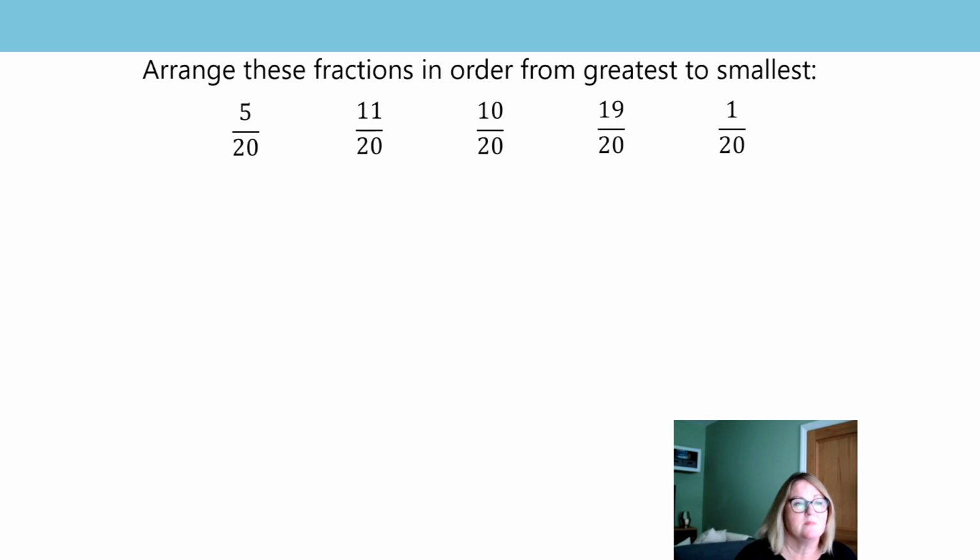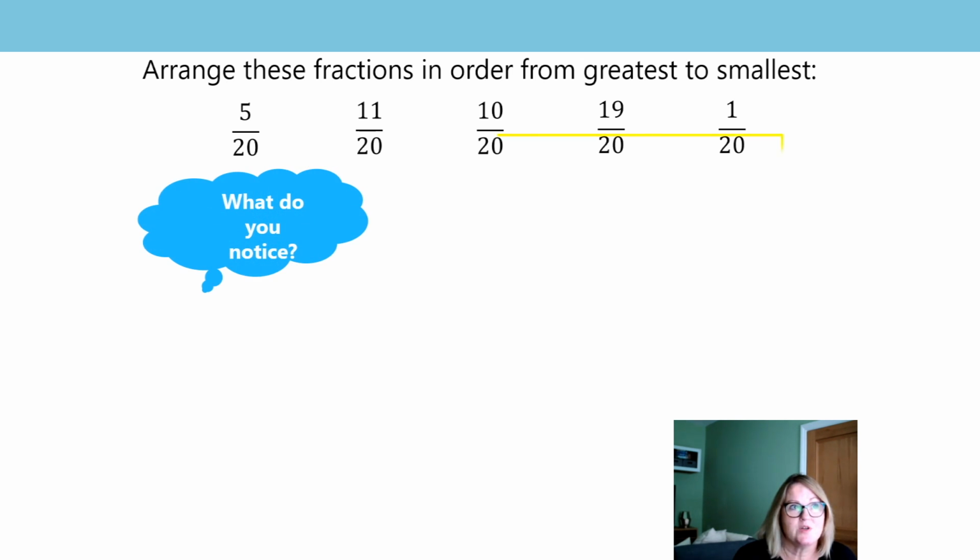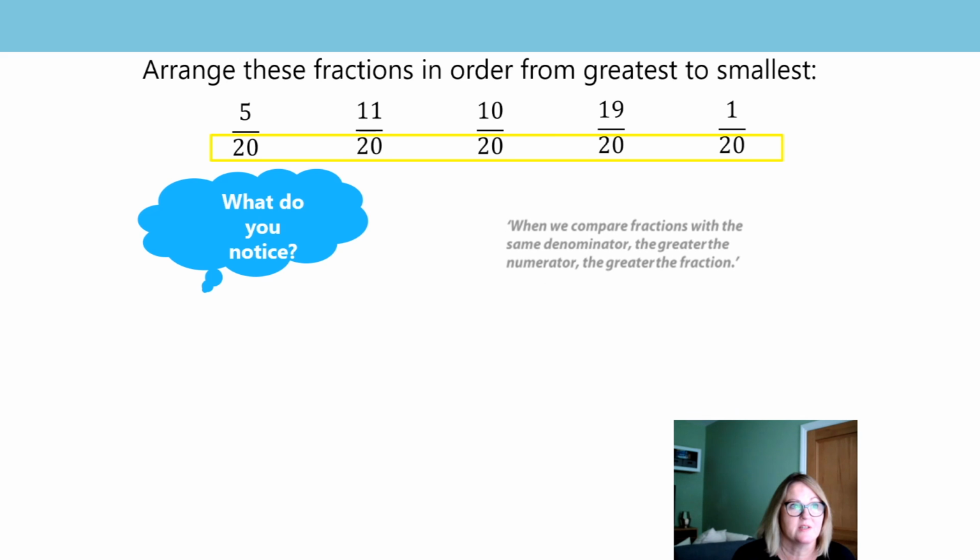Now this time, we've got 5 fractions to compare. 5/20ths, 11/20ths, 10/20ths, 19/20ths, and 1/20th. But what do we need to notice? That's right, we need to notice that all of the denominators are the same. So what's our rule that we can follow, or our generalisation?